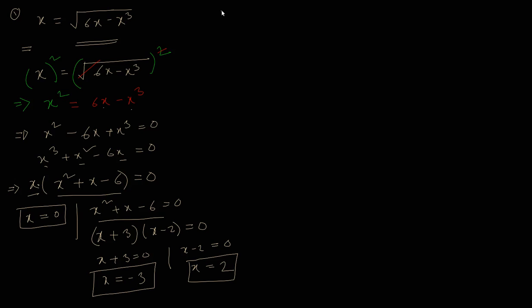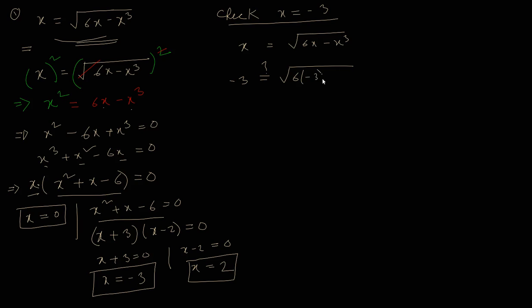So let us start. I'm going to start by checking x equal to negative 3, and I'm going to check it in the original equation. What is the original equation? x equals square root of 6x minus x cube. Let's put in the value. x is negative 3, so negative 3, and I do not know if it is equal, then square root of 6 times negative 3 minus negative 3 cube.